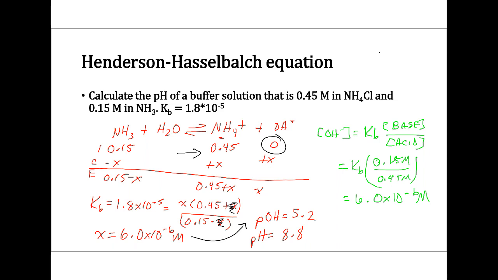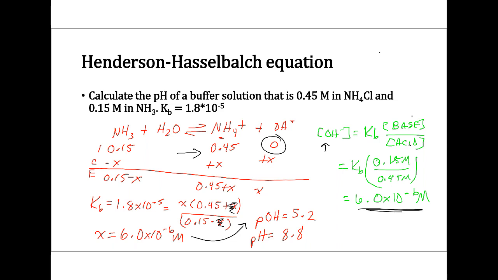The other option is you could use the Henderson-Hasselbalch equation, and this time we could use the base form of it. So if you're looking for the pOH, we'd have Kb is equal to base over acid, so it's the exact opposite of what we wrote whenever we used Ka. But you'd put the Kb value in times 0.15 divided by 0.45.